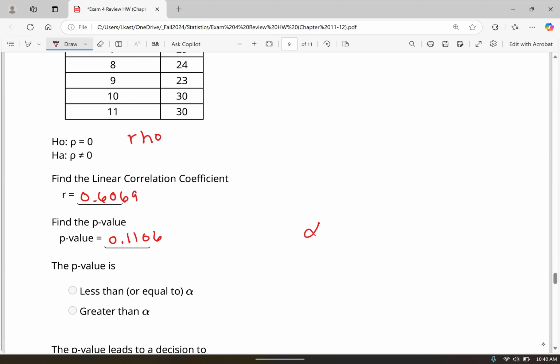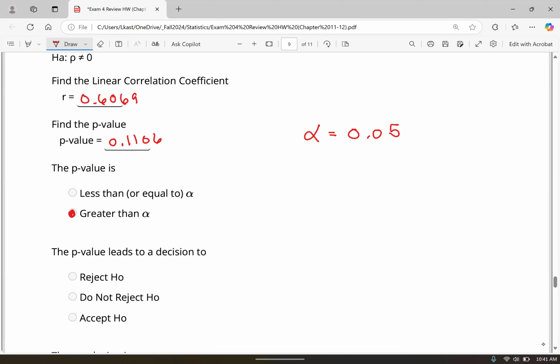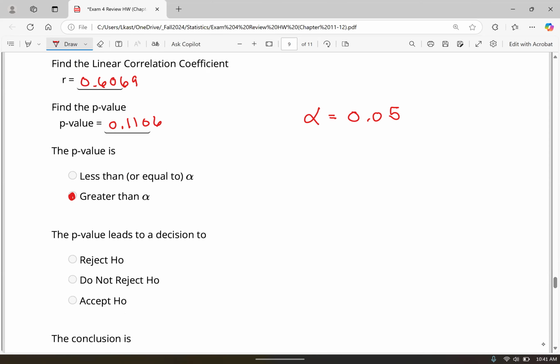Our alpha is equal to 0.05. So is that greater than alpha or is it less than alpha? Greater than alpha. If the p is high, the null must fly, so we do not reject the null hypothesis, correct? If p is greater than alpha, we do not reject.